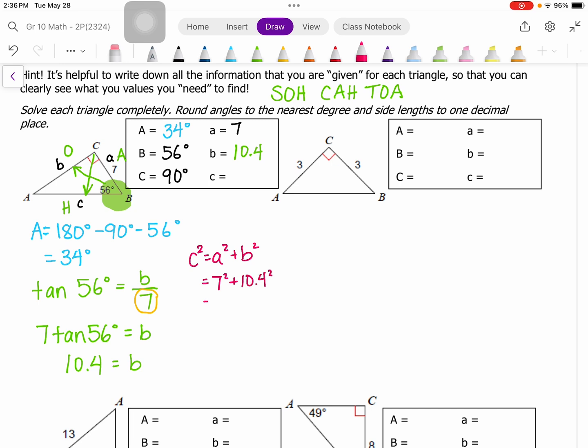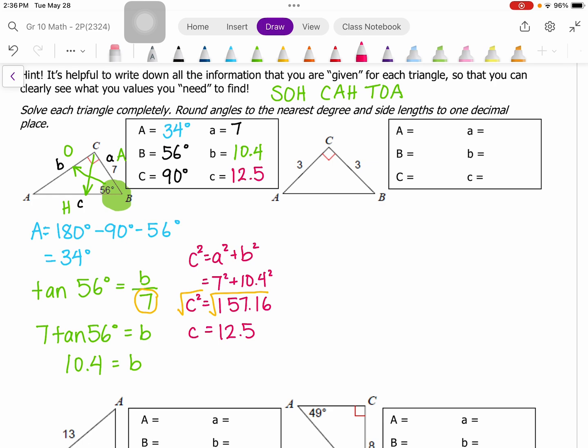When I square those and add them together, I get 157.16. Now to solve for c, I'm going to need to square root, and so side length c is equal to 12.5. And now I have found all unknown sides and angles, so we are finished here.